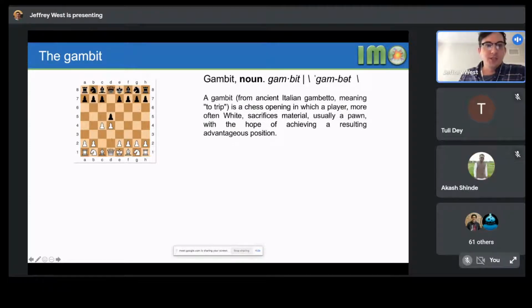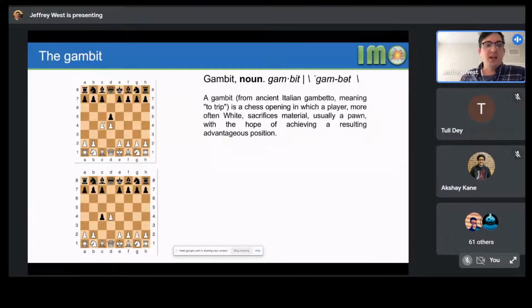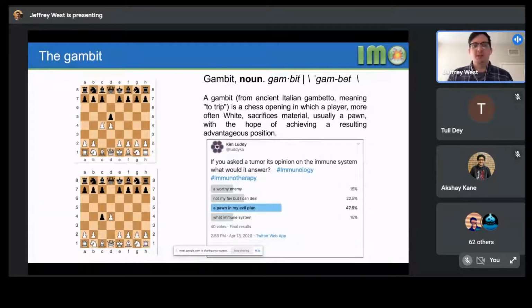In this case, you can see that white is sacrificing its pawn here on c4, and black captures that pawn. But the idea is that white gains some advantage through that sacrifice. This metaphor came about by looking at a tweet by one of my colleagues at Moffitt, who asked, if you asked a tumor its opinion on the immune system, what would it answer?